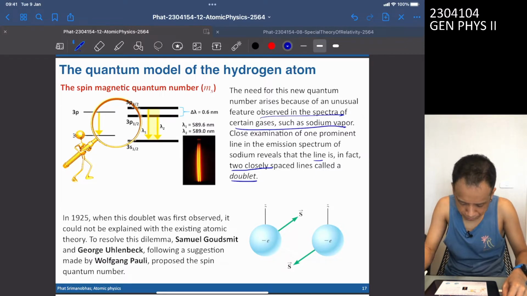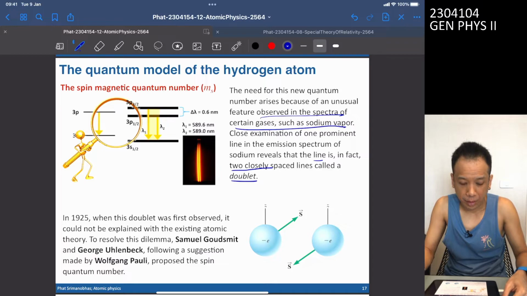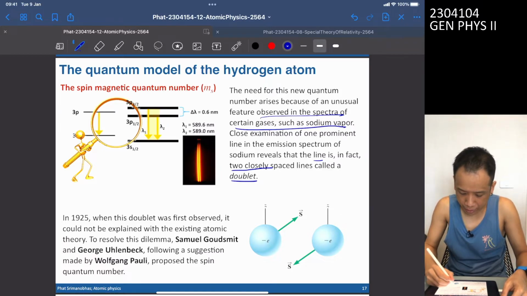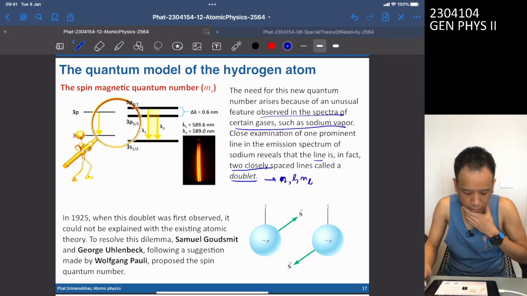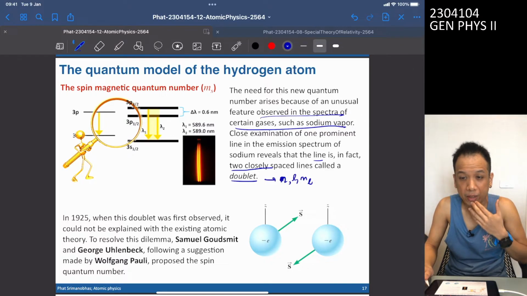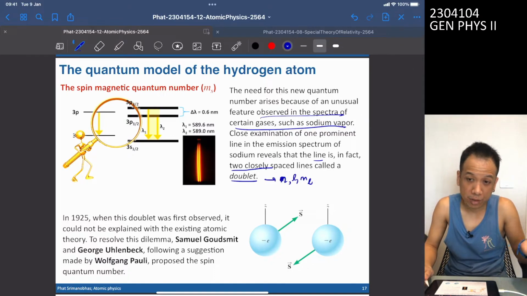And this cannot be explained by the quantum numbers n, l, and ml. So in 1925, when the doublet was observed, this was a dilemma.